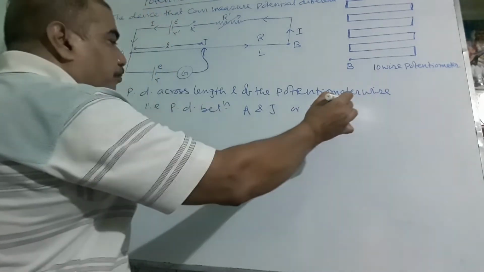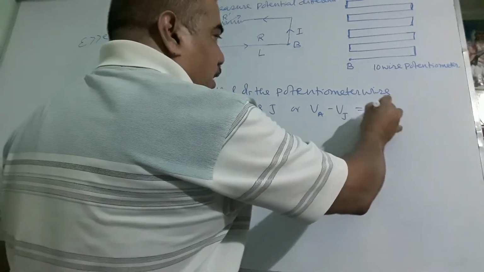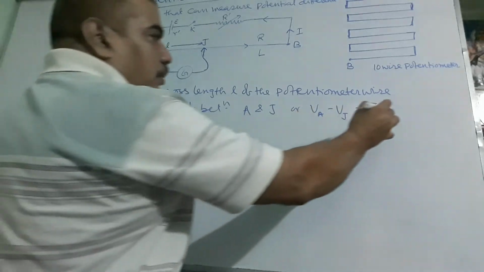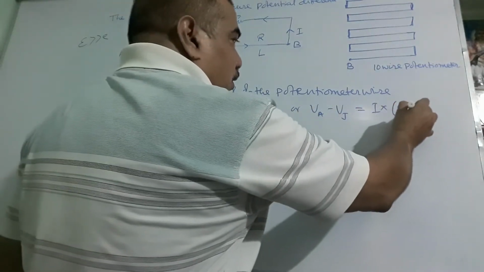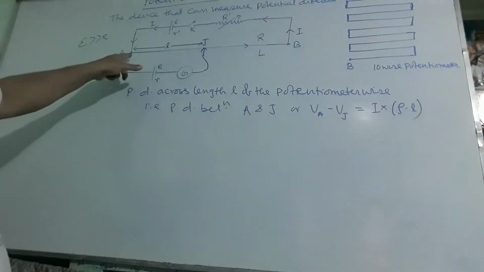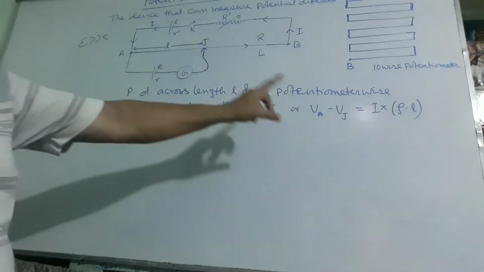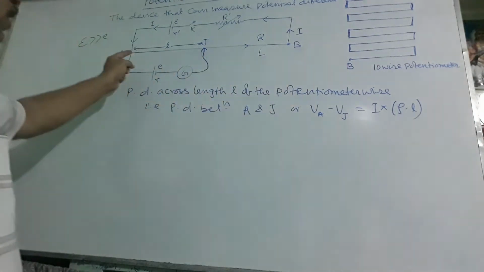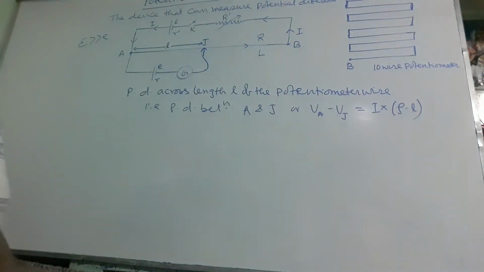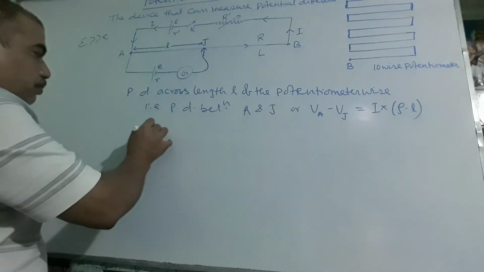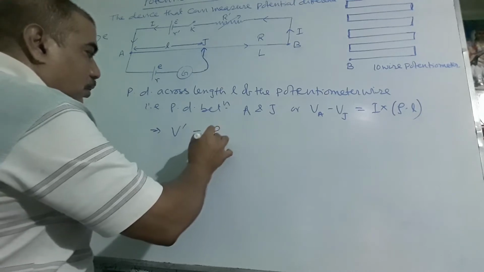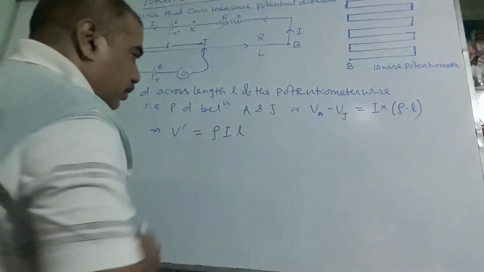How much will come? This is I into resistance of this wire, and resistance per unit length is rho, so resistance of this AJ wire will become rho into L. That means suppose this potential difference we are writing V dash, so this is rho I L.